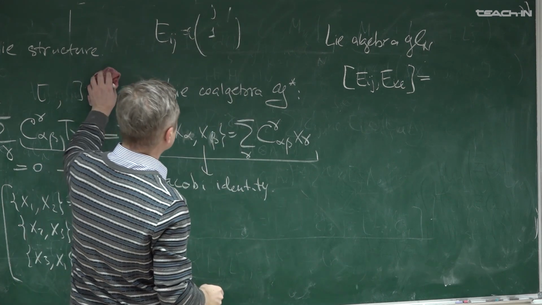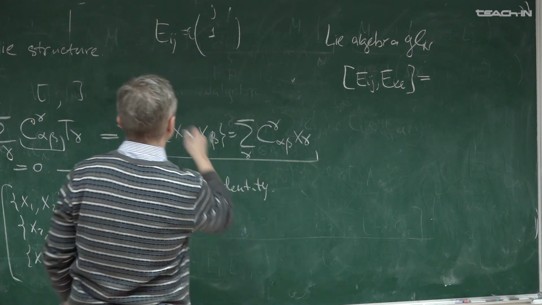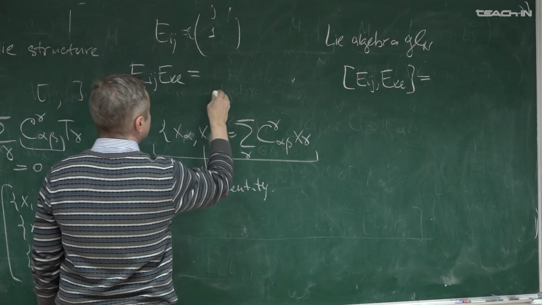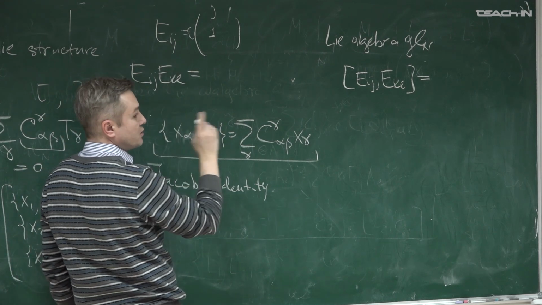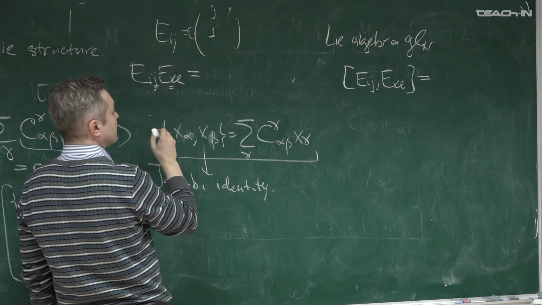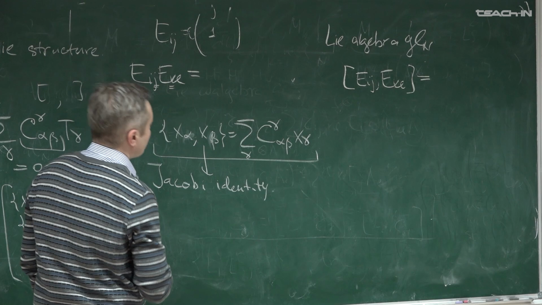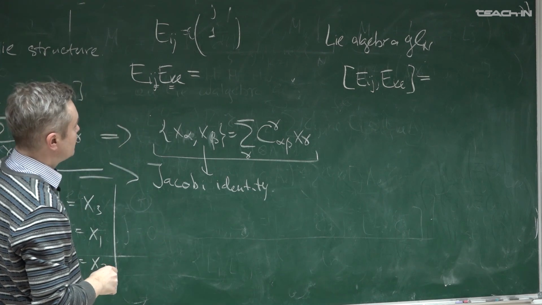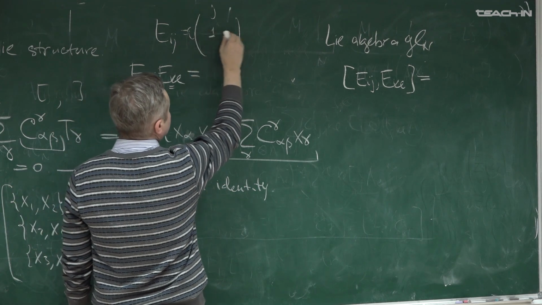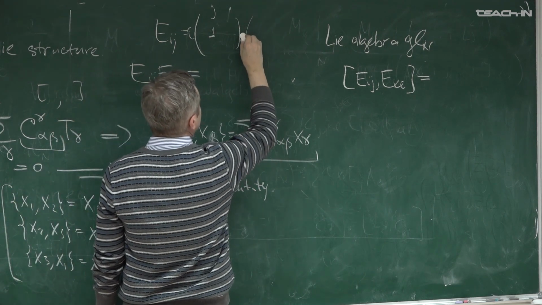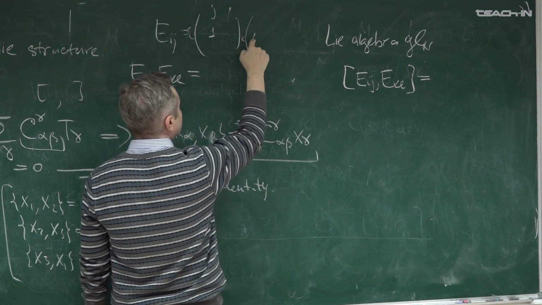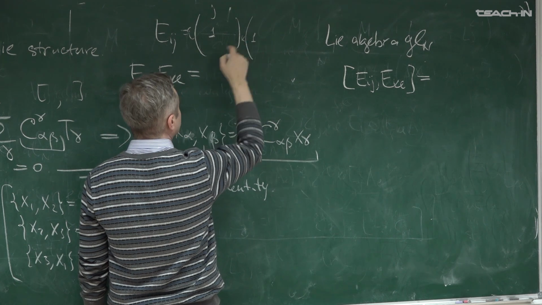If you multiply them, you may verify that the result will be non-zero only if j coincides with k. If it is not true, then you will obtain zero, just because you have one at the jth place here, and you should multiply it by some column where one is at the kth place.